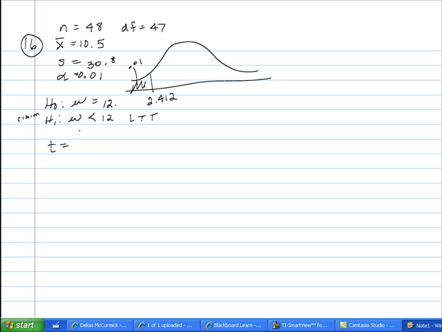The null hypothesis. So our wording would be there is not sufficient evidence to support the claim that the mean departure delay time for all such flights is less than 12 minutes.